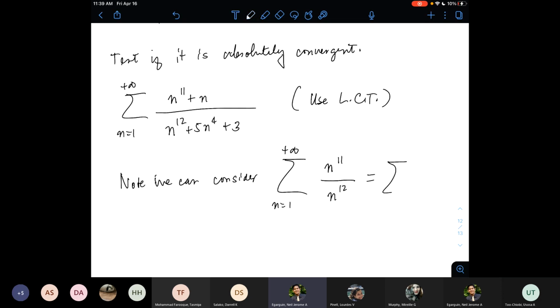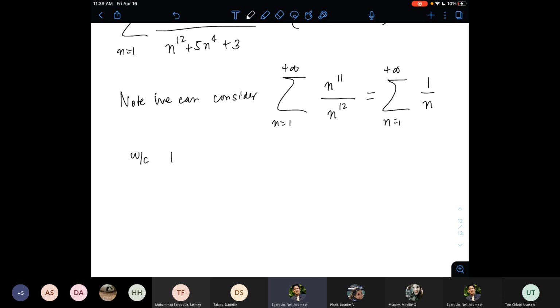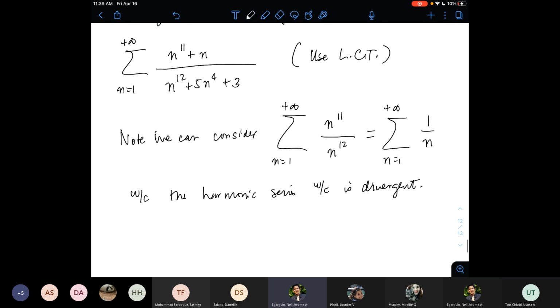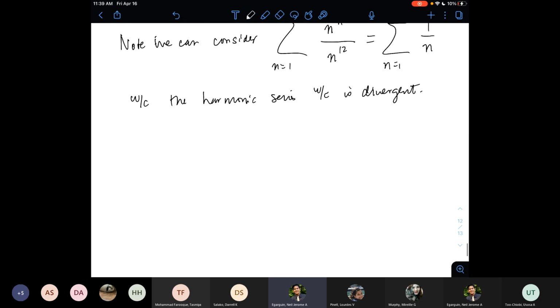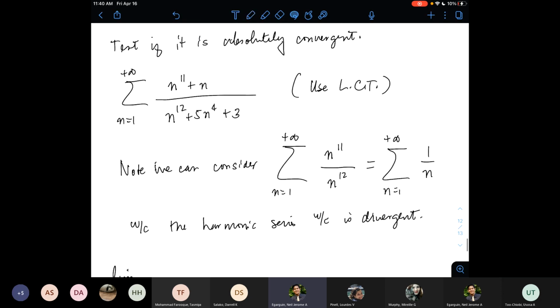You can simplify this as 1 over n, which is the harmonic series, which is divergent. So I have an idea that this will be divergent.